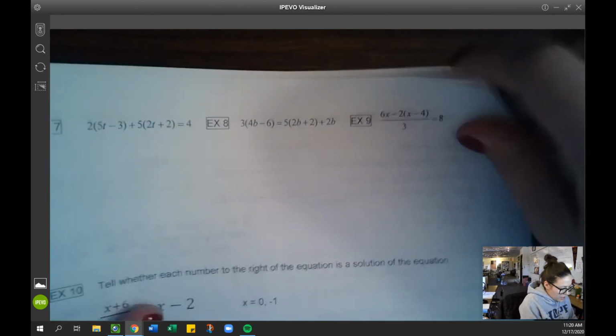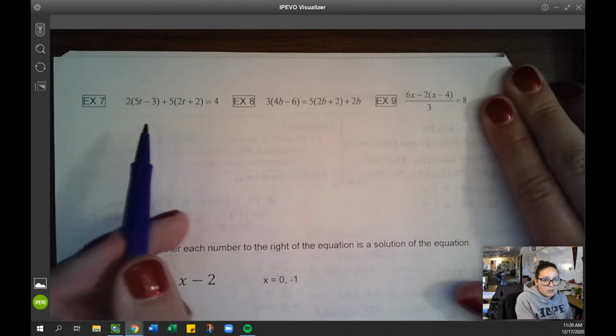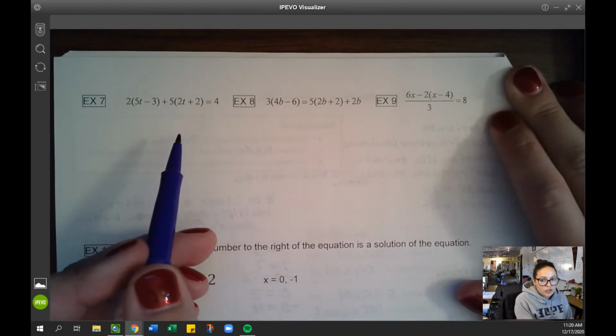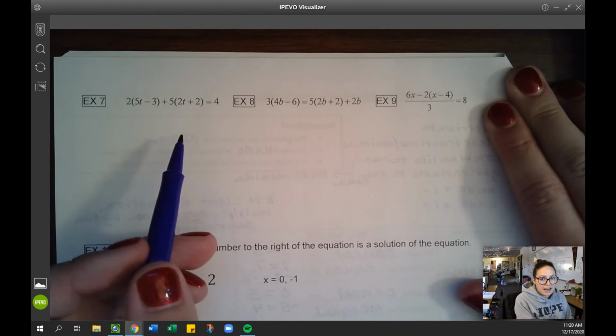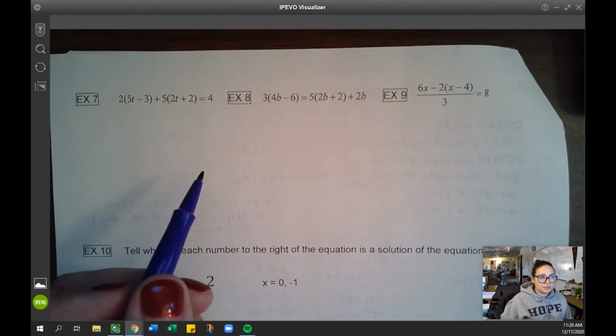All right, flipping the page. I would like you to pause the video and try examples 7 and 8 on your own. So pause the video, try these on your own.